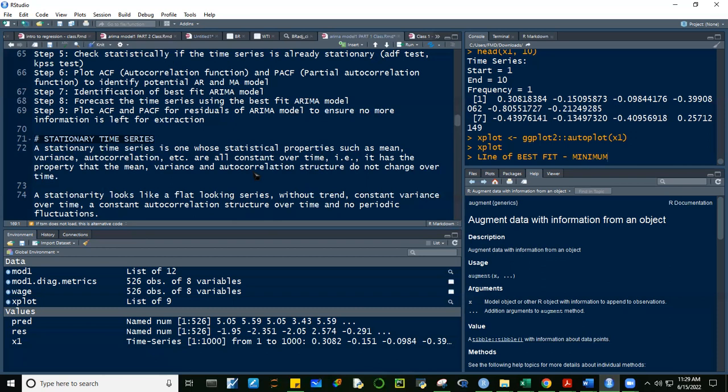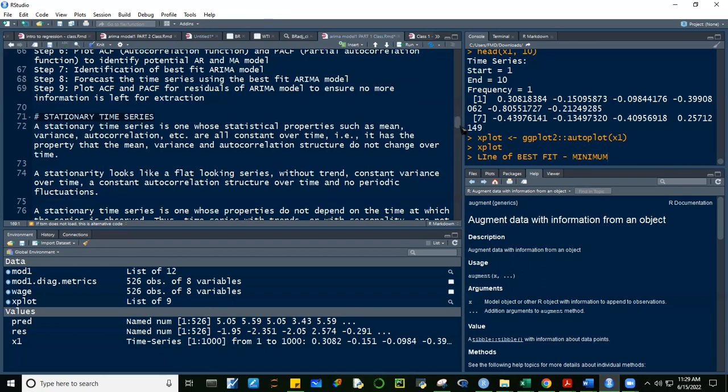The problem with doing that first is that when you get the difference, that might introduce negative values. And if you have negative values, then you will not be able to get the log of those values. So one way to remedy this is to first get the log, and then once you get the log, you get the difference.